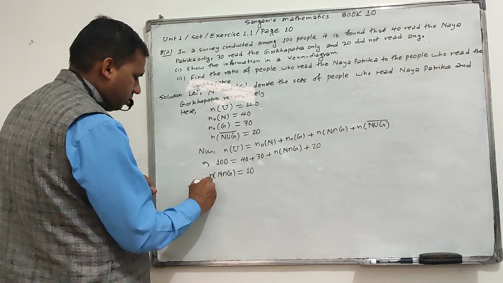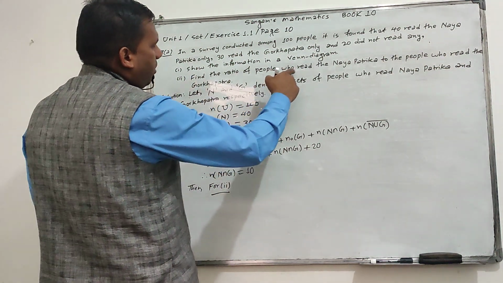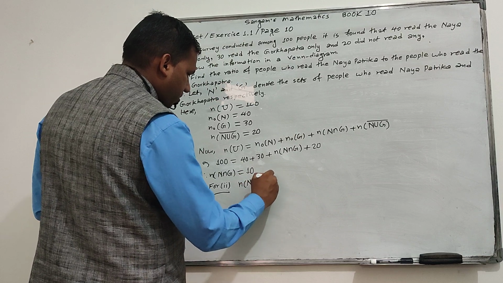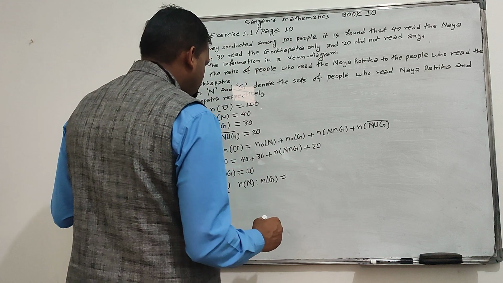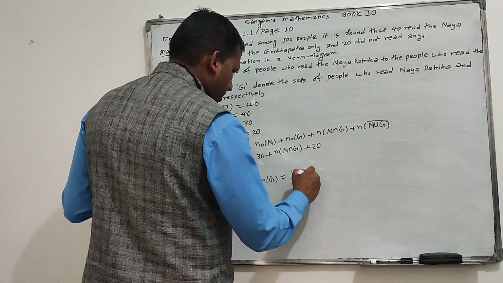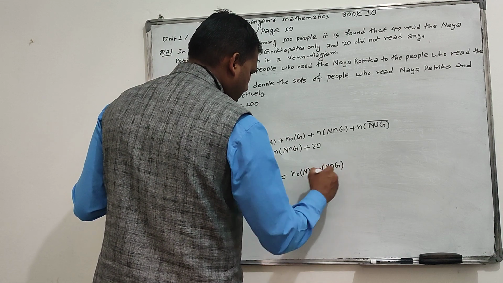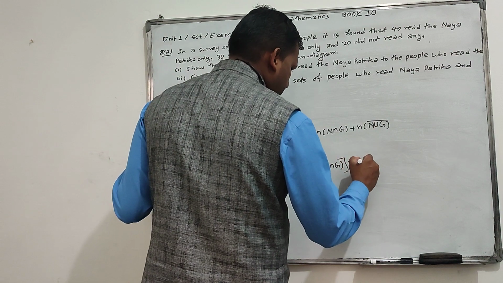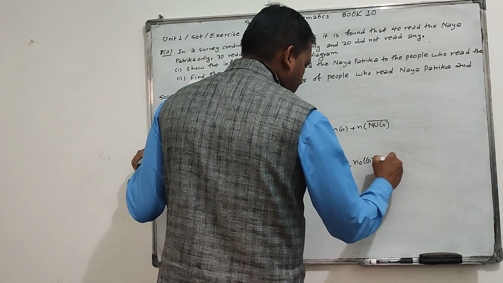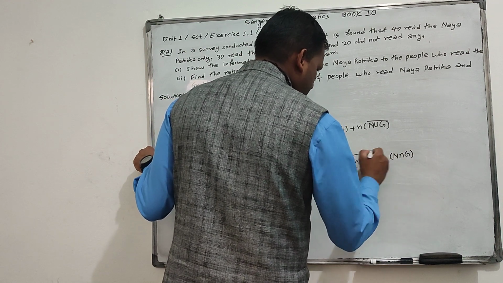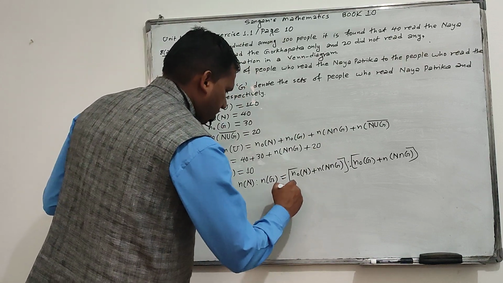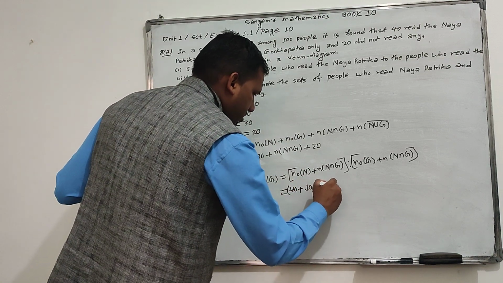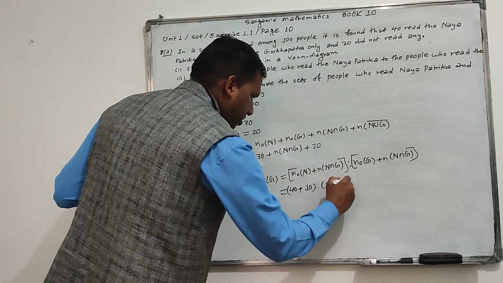Then for 2, find the ratio of people who read Naya Patrika to the people who read Gorkhapatra, that is number of N is to number of G. Number of N equals n naught N plus number of N intersection G, is to number of G, that is n naught G plus number of N intersection G. Now this is equal to 40 plus intersection part 10, is to 30 plus 10.